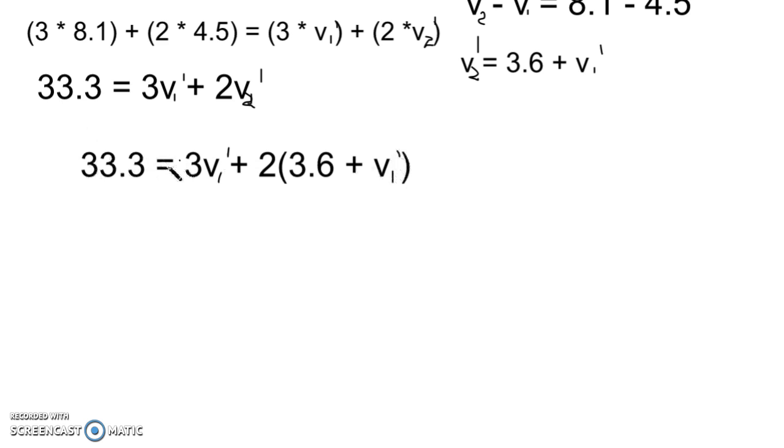So here's what we find: 33.3 equals 3 V1 prime plus 2 times 3.6 plus V1 prime, and that is what I got. Okay. So then we can just do some, actually I'll just draw here. So this is 7.2, and this is 2 V1 prime.